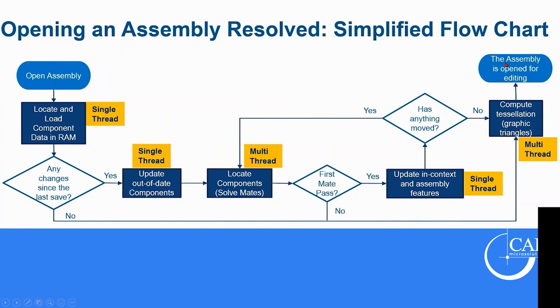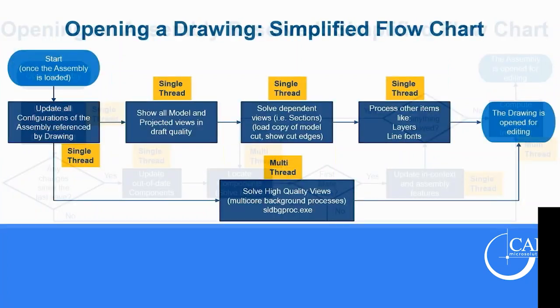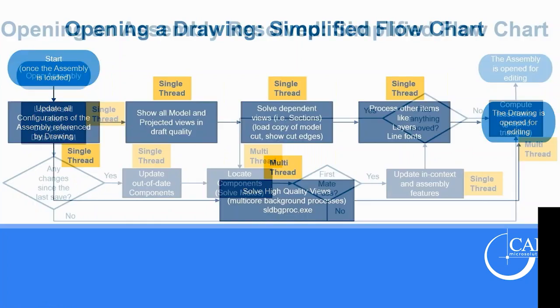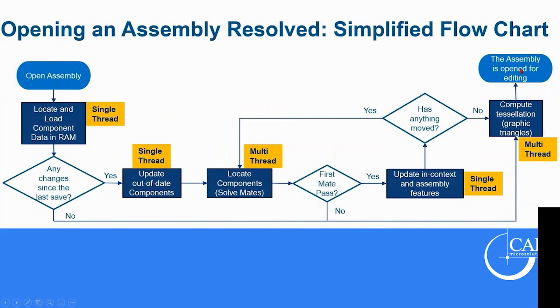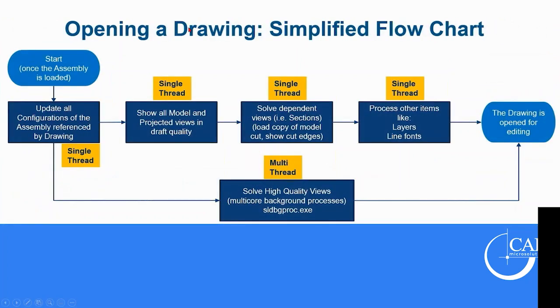and our assembly is opened. Now for our drawing, I'm going to switch back here, we have to do all of this 100%. Then we can update all the configurations referenced by the drawing. Then we can show the model and projected views and draft, solve all the views, so cut views, show cut edges, and then other items such as your layers and fonts.